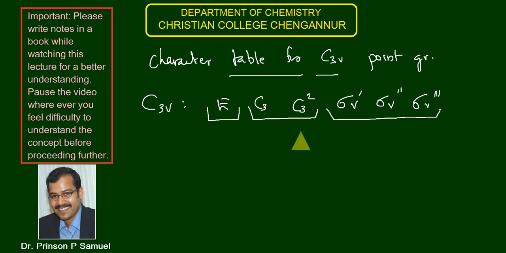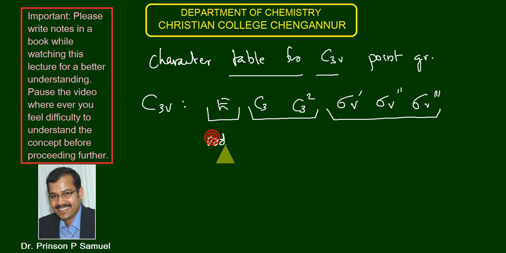If you don't know how to classify the elements in a group, you can watch my lecture on similarity transformation. The link will be in the description box also, so you can navigate directly from there. There are 3 classes in this group. And what about the order of the group?